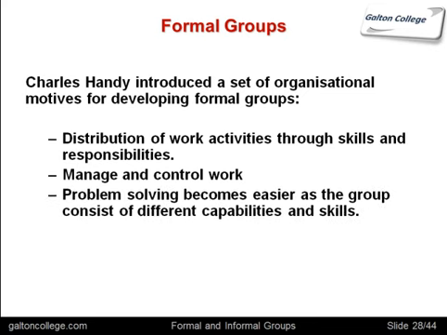And problem solving becomes easier because of the number of skills that are involved within the formal group. So if it was the introduction of a new product, there might be an engineer, but there also may be an accountant and a marketing person and a HR person, all bringing to bear their own specific contributions as to what is required and how to go about it.